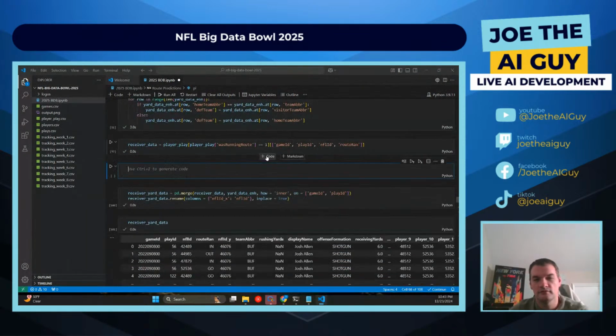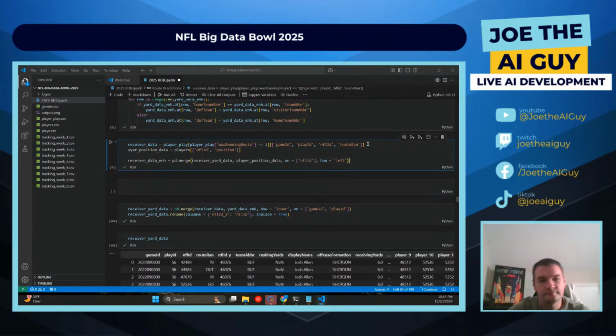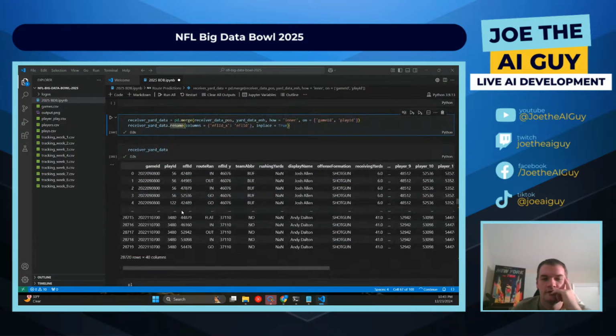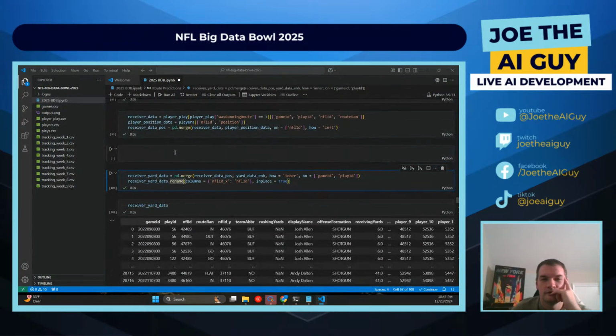So here, player position data. You're now just going to work off of receiver data. I do this. Now I go here.